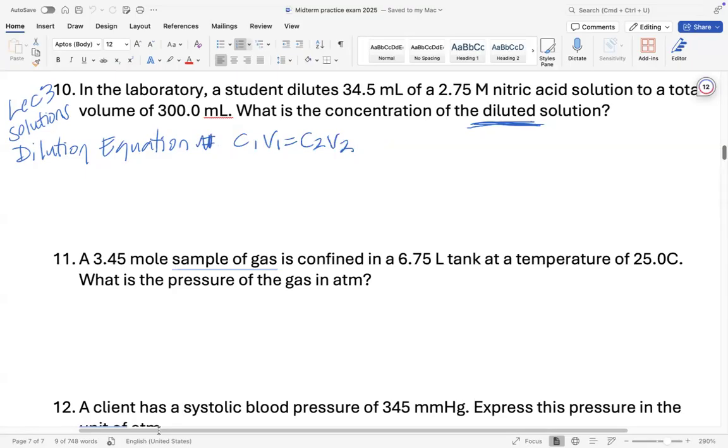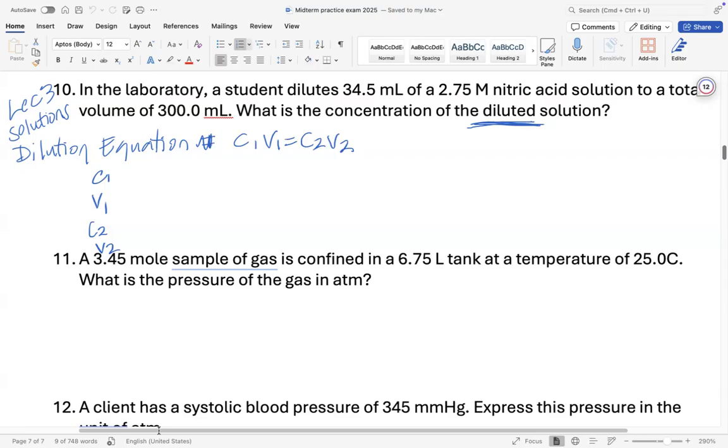And how I like to set all of these up is where I come over here to the side and I list all my variables and figure out which is which. The beautiful thing about the C1V1 equals C2V2 is units don't matter as long as they're in the same unit on both sides. So C being concentration, as long as it's molarity on both sides, doesn't matter.